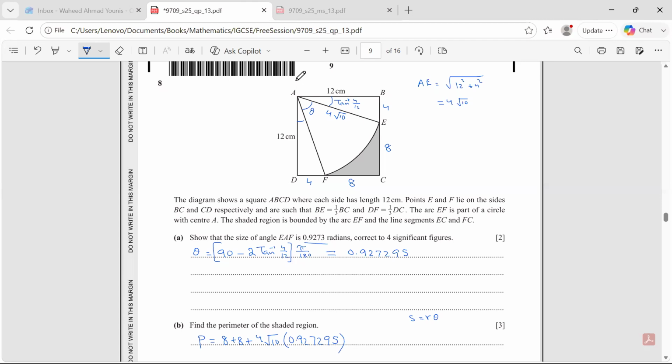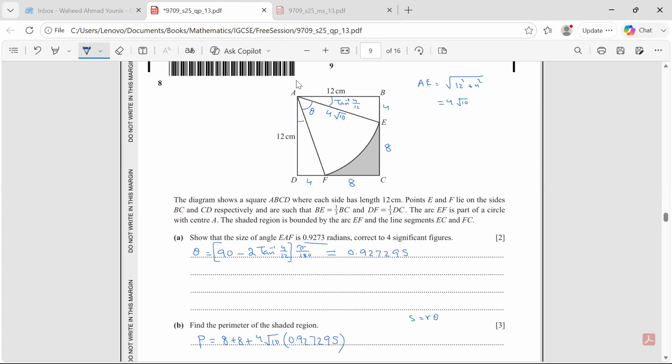I hope this is all clear. So when I did this calculation, oh my God, I did it. Let me do it here.